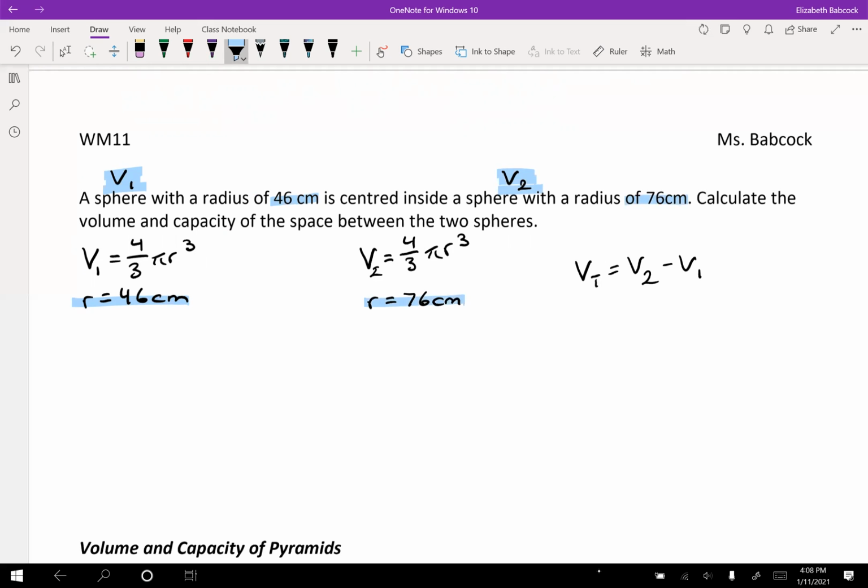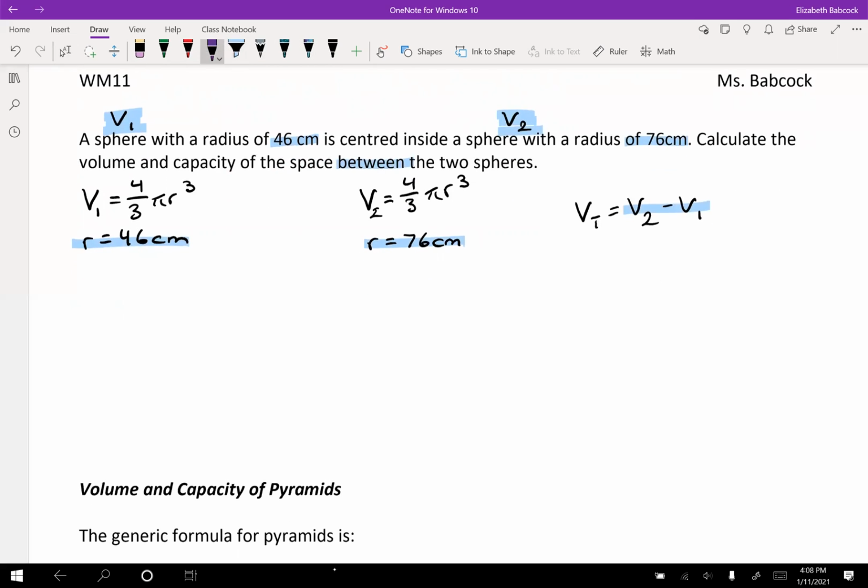Calculate the volume and capacity of the space between the two shapes, which means I'm going to be doing volume 1 minus volume 2 to just account for what's in between.